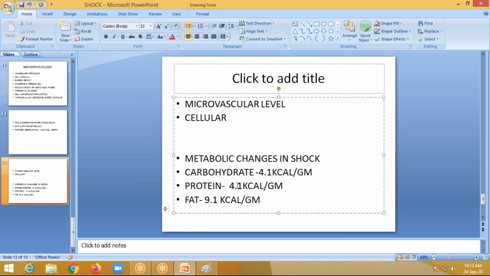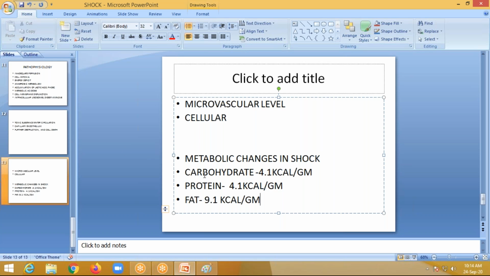This 9.1 is correct only. This is 4.5 or something, 3.6 or 4.3.6. Okay. Carbohydrate level I have completed, this compensated and decompensated, and protein. These are metabolic changes to compensate the shock. Because of shock, aerobic and anaerobic glycolysis change and ATP is decreasing.